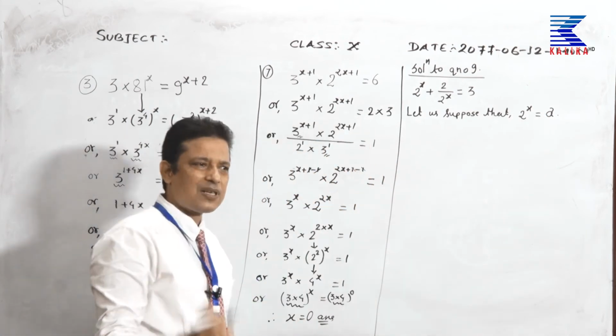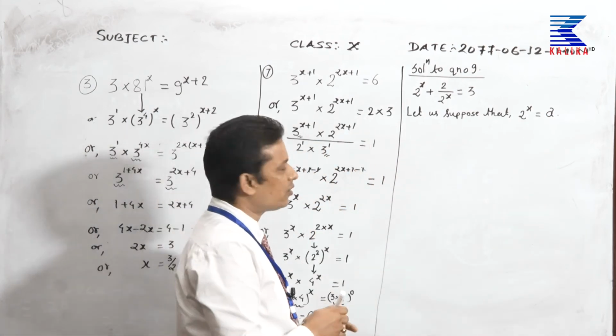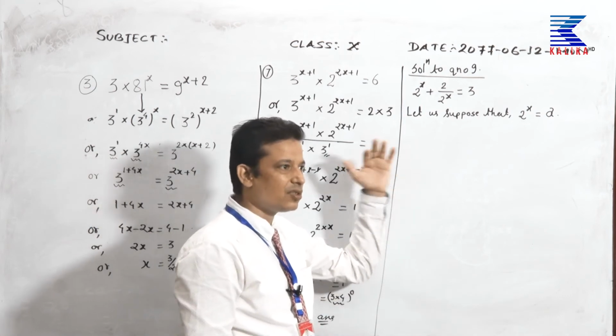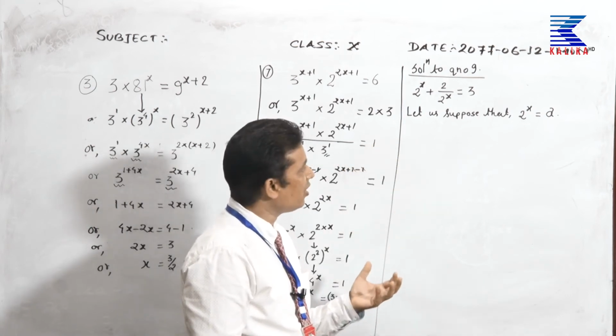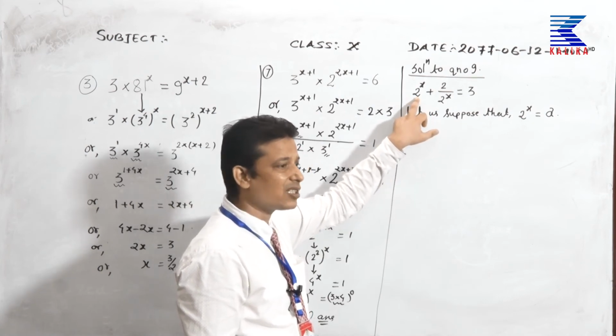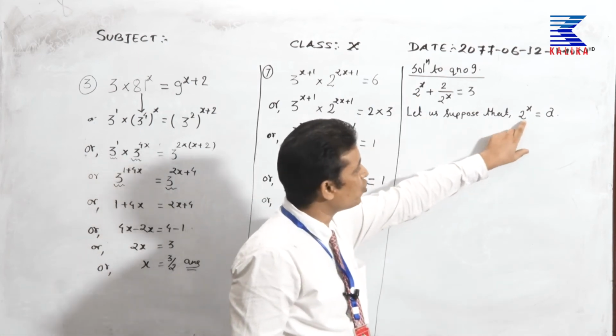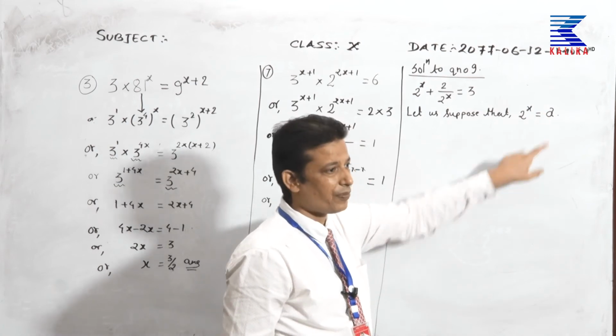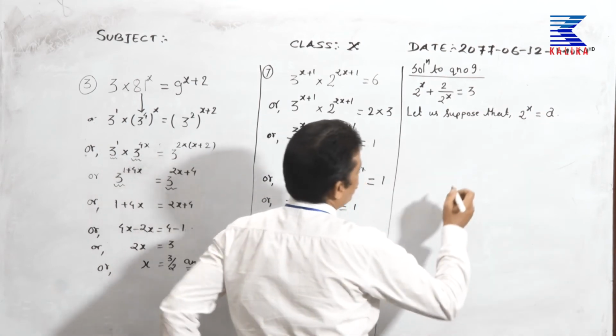It is not compulsory that you should suppose and go on. Actually, this can be done keeping the same number 2 to the power x, but we have supposed 2 to the power x is equal to a. Let us see, this may be easy to solve.